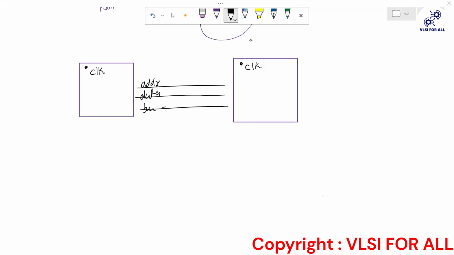Do others agree with this, clock and data mix? No, sir. Okay, so then what can we do?